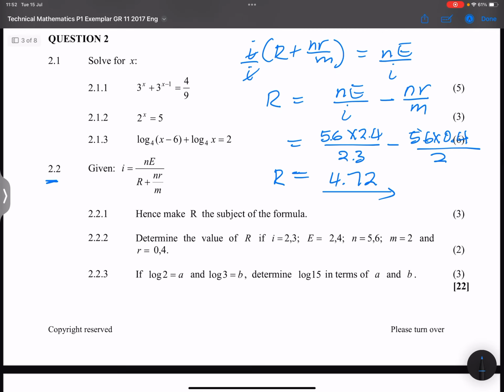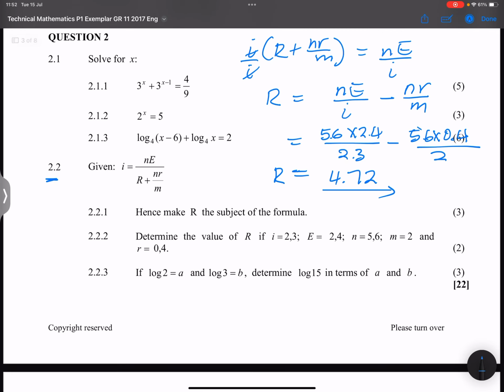All right, and finally, ladies and gents, they say if log 2 is equal to a and log 3 is equal to b, determine log 15 in terms of a and b. So firstly, if I look at log 15, that is going to be the log of. Now please note, when you look at 15, that's 5 multiplied by 3.